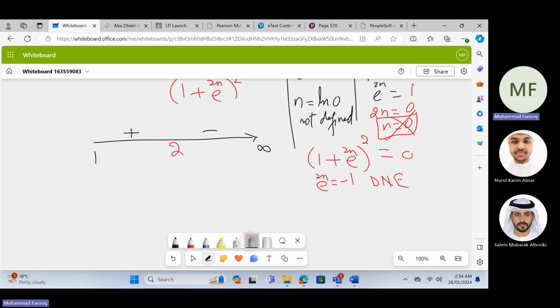Opposite, good question. If it is, for example, increasing here, then the test fails, because the function is only decreasing from 1 to 2. Then it is meaningless.